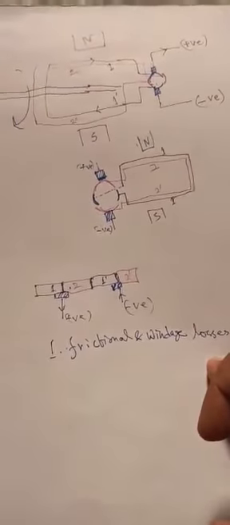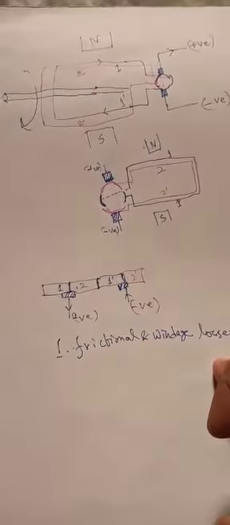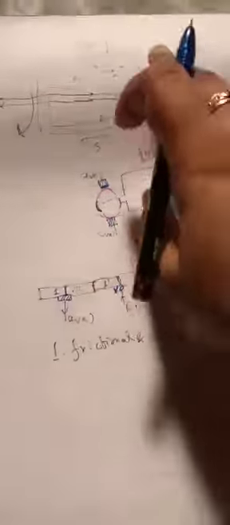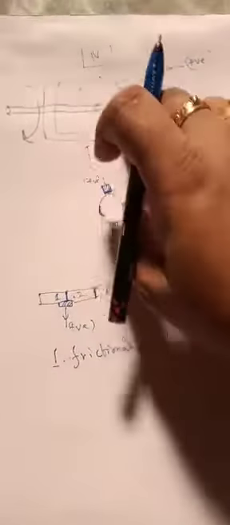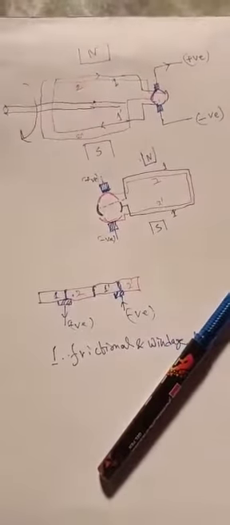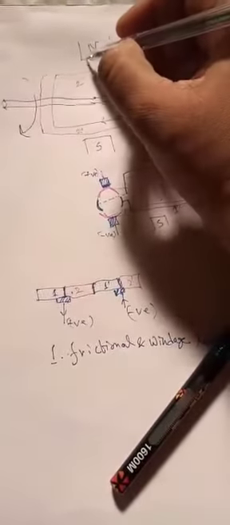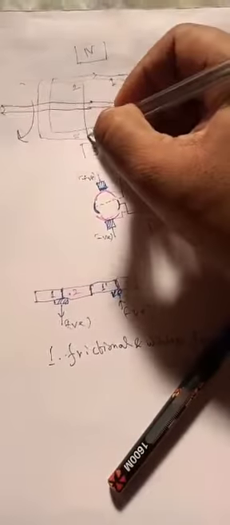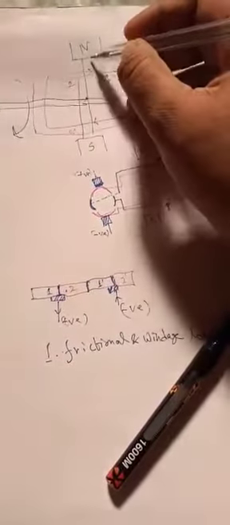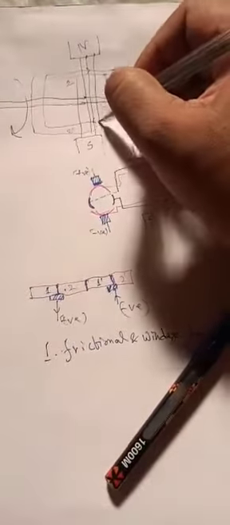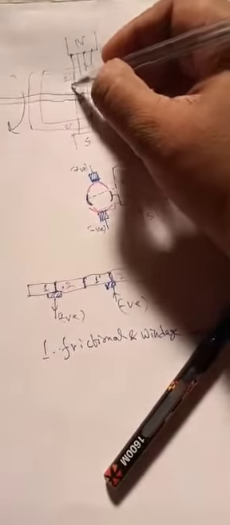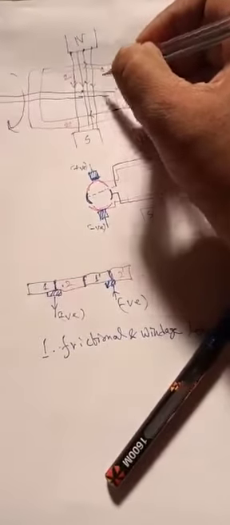Then when this loss happens, at the same time, due to these poles, the field fluxes are generated, and this is the direction of the MMF.